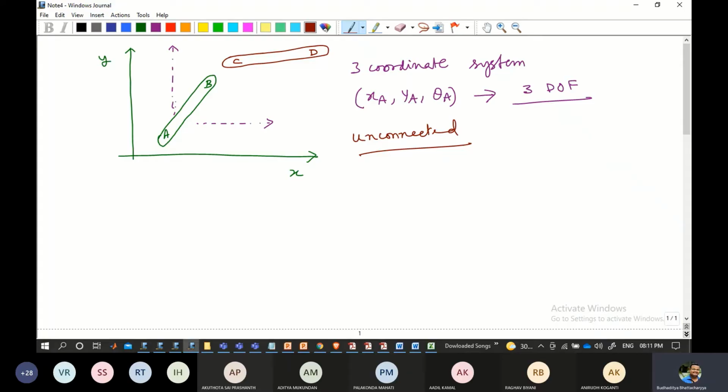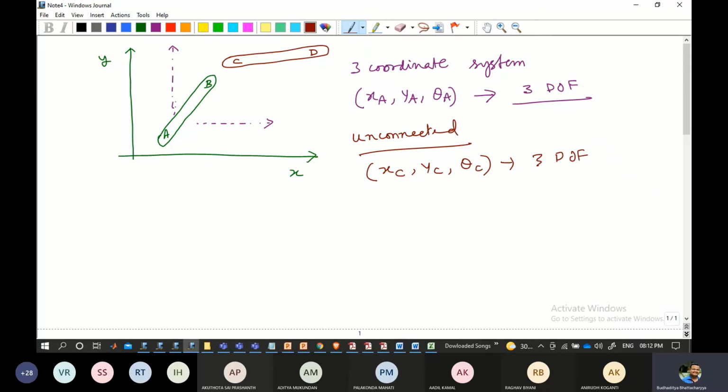It's a hypothetical scenario. No manipulator or mechanical body can stay like this, but suppose 2 links exist like this. For this CD link, we might have XC, YC, and theta C as another 3 degrees of freedom for the brown colored link.